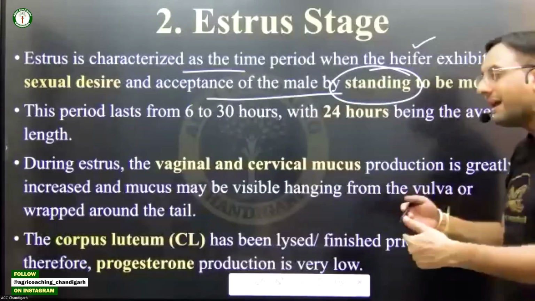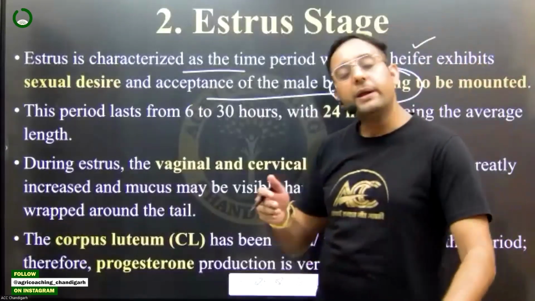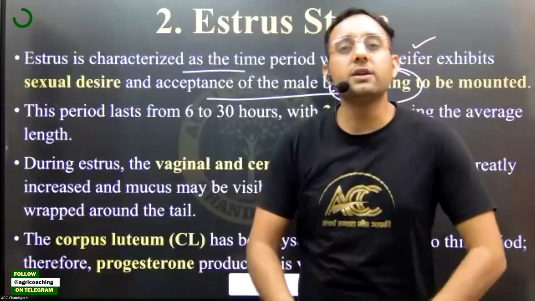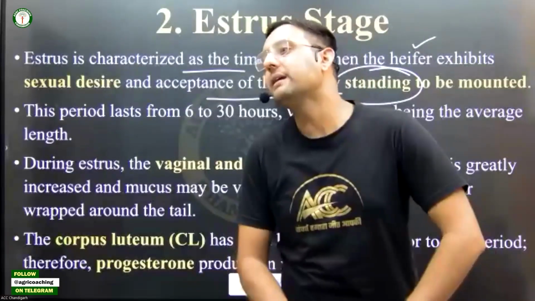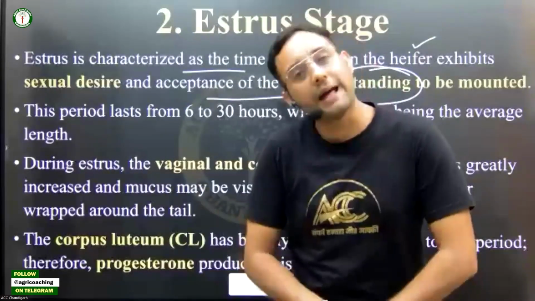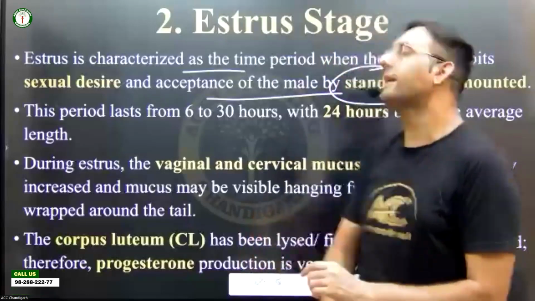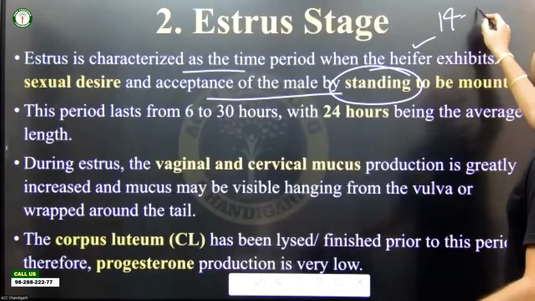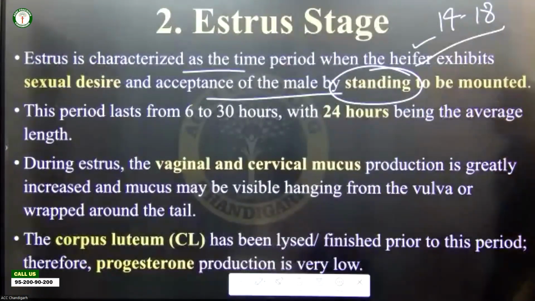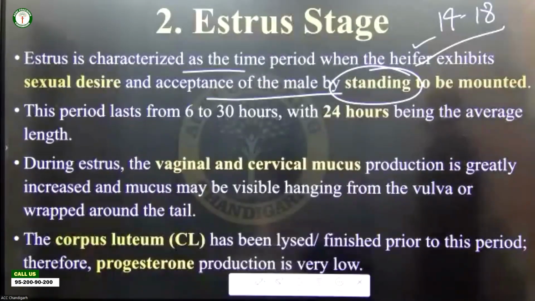That is known as standing heat. And as you know, standing heat will occur in 14 to 18 hours, and that is the best time for proceeding for the mating.